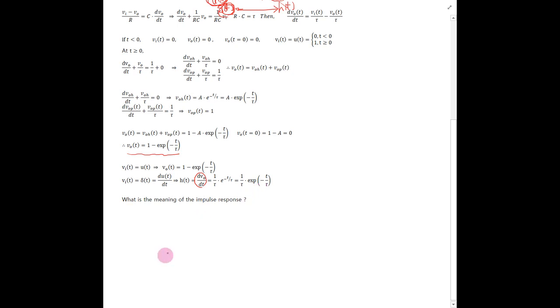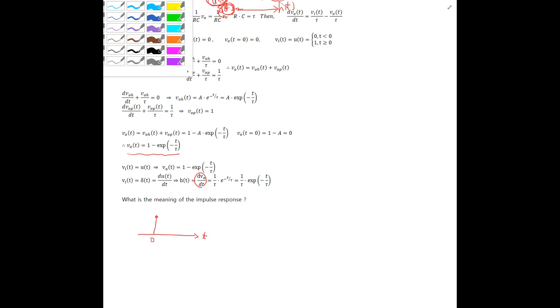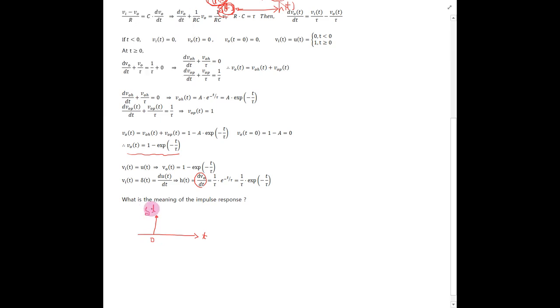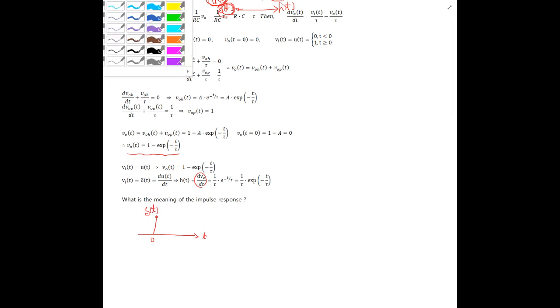Okay, if I plot that, this is time, and this is the event I call t equals 0. Then the output response, this one is delta t. Delta t is applied to the RC circuit, then the impulse response is given this way: 1 over tau times e to the minus t over tau.